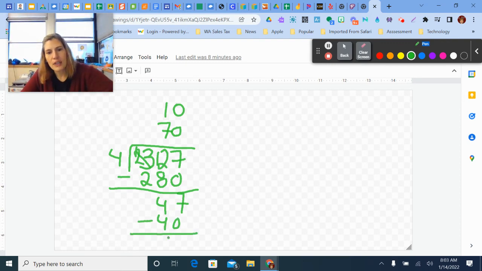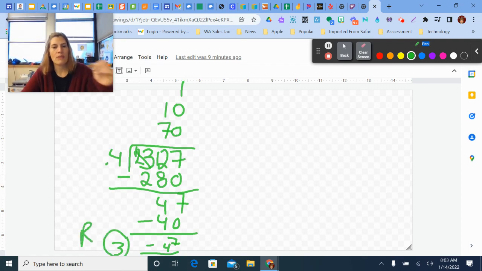Now I have 7 left. I'm going to figure out 4 goes into 7 1 time. So I'm going to put my 1 up here, and I'm going to subtract my 4 from the 7 and get 3. And that is less than the 4. So I know this 3 again is my remainder.